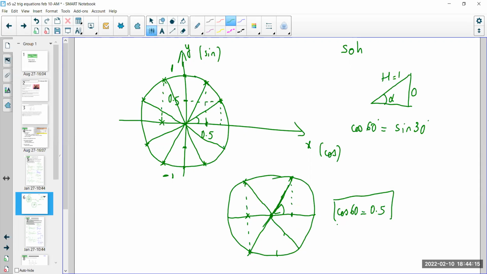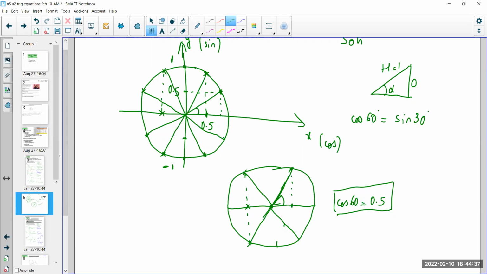So you don't have to know this by heart, because if you type in your calculator cos 60, you will get a half. But if you were to go and do Higher Maths, then you would need to know these by heart. But I never learned these by heart because I remember this piece of cake, how to cut it. So it's just a trick of the trade.